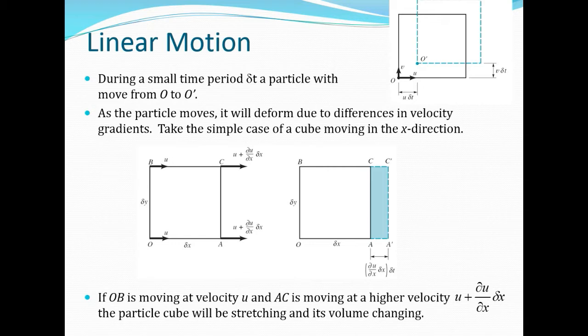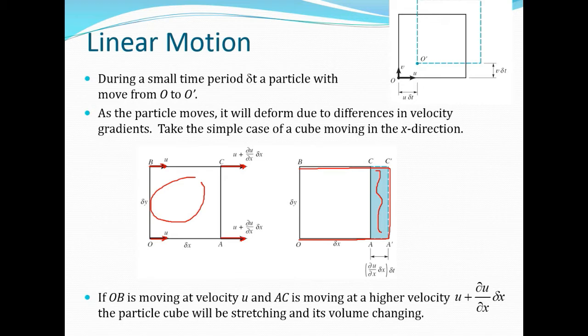So let's start by looking at this simple case where we have this fluid square here, feeling one velocity on one side, but potentially feeling a little bit more velocity on the other side. So it's going to tend to stretch and form this bigger unit here. It has to, right? Because it's feeling more velocity on one side than the other.